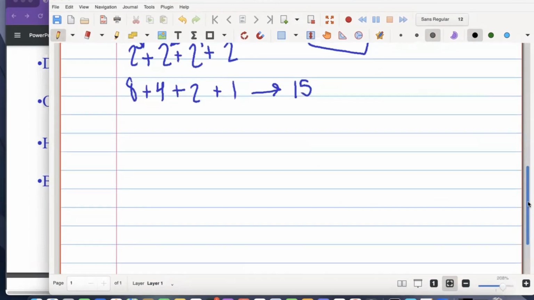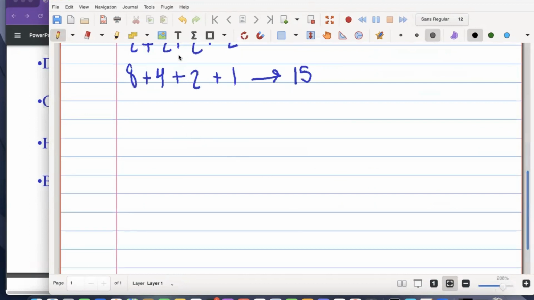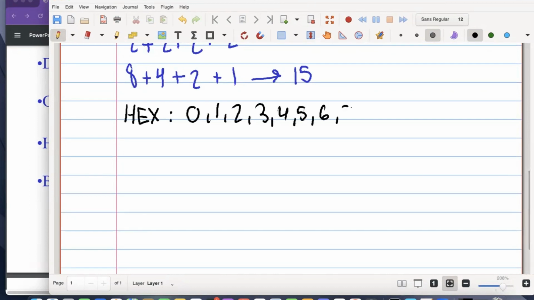Let me grab one page. If I had to type out the whole hexadecimal number system, it would be 0, 1, 2, 3, 4, 5, 6, 7, 8, 9, A, B, C, D, E, and then F.